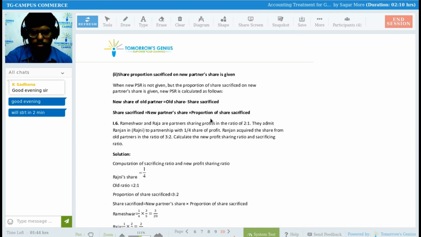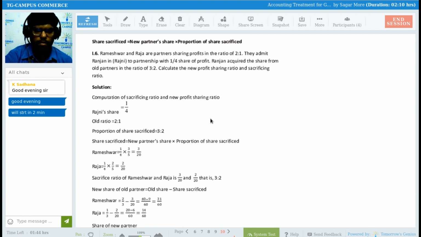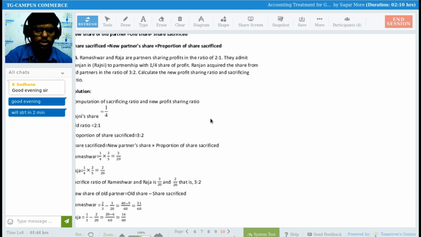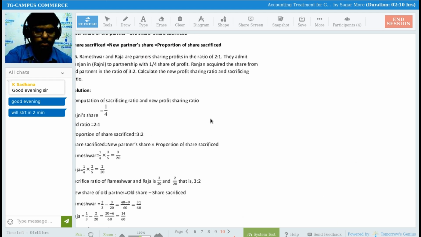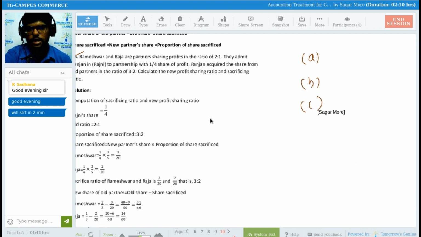Okay, so I'm moving further now. These we have covered also, but again I am doing this. Please let me know the answer now. Read these and let me know whether it's A part, B part or C part. In A case, share sacrifice is directly given.